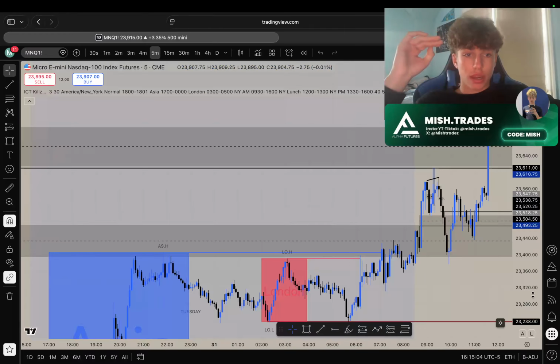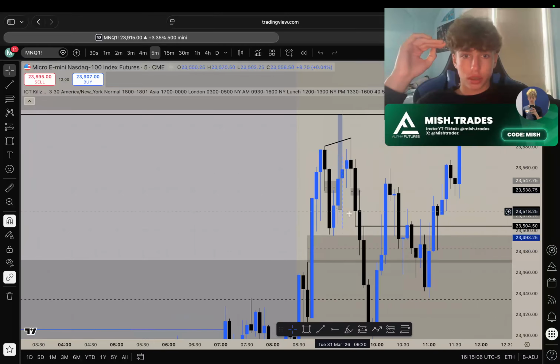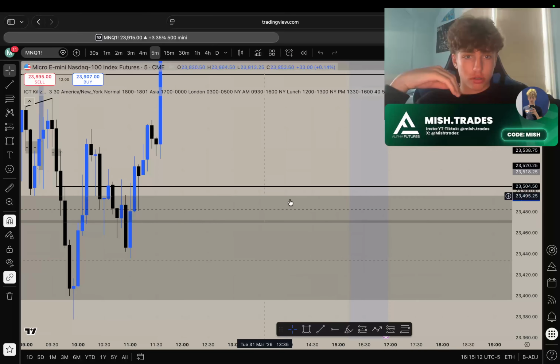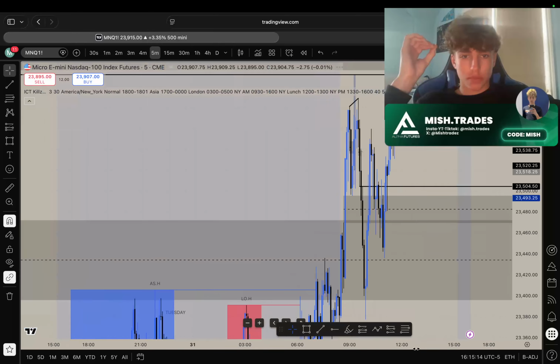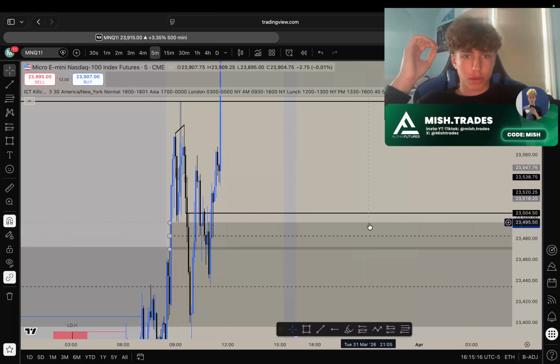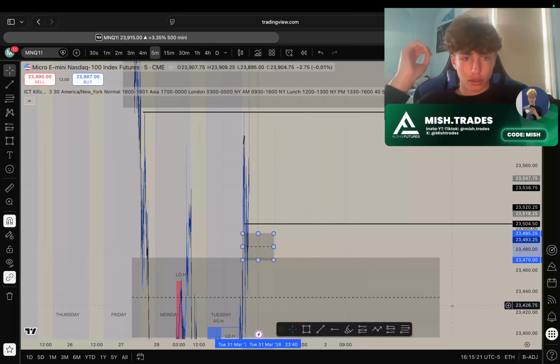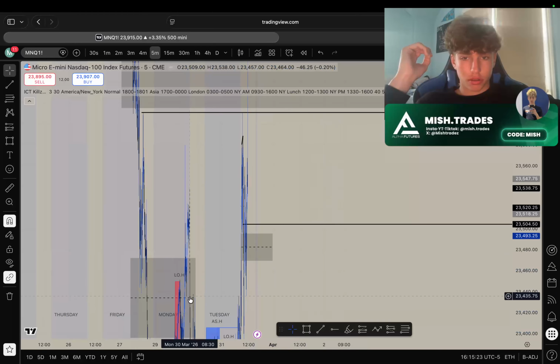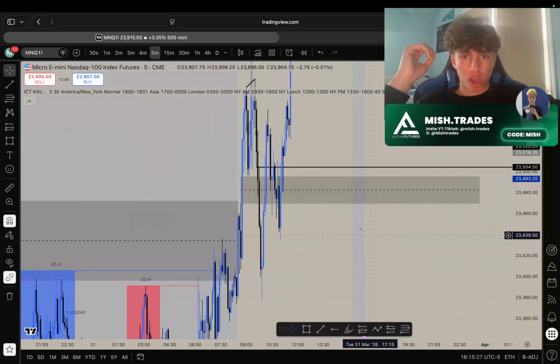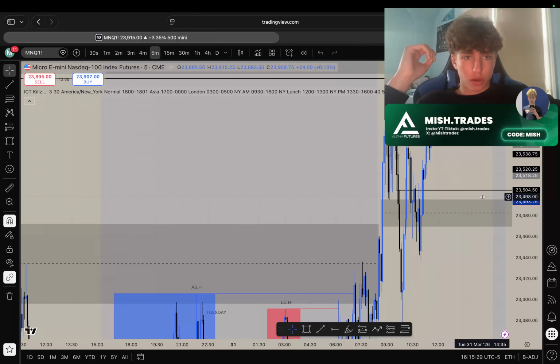Okay, so we had this 5-minute right here, which we did tap into. My bad, guys. I hate when I do recaps this late because everything is just messed up on my chart. But yeah, I apologize. Really sincerely do. Okay. So on the 5-minute time frame, we had this gap right here.